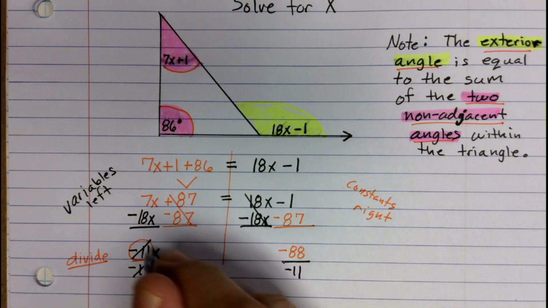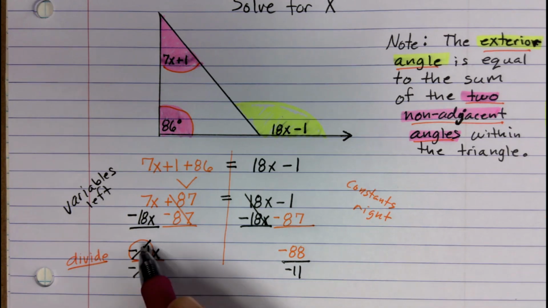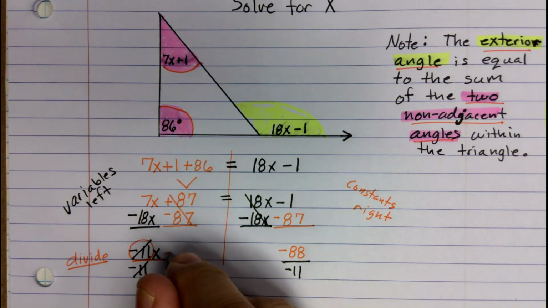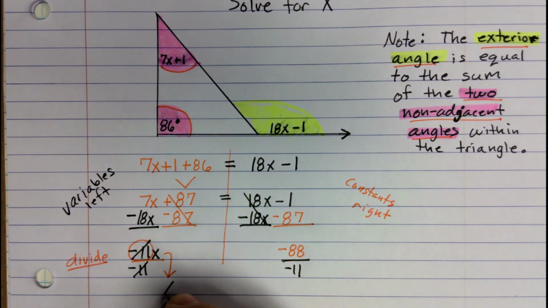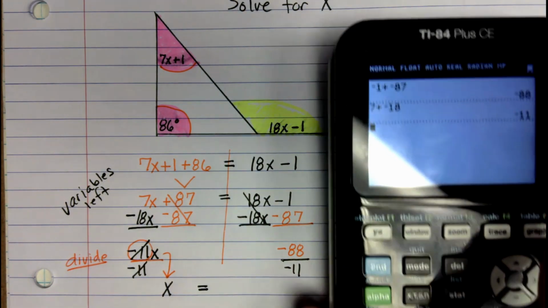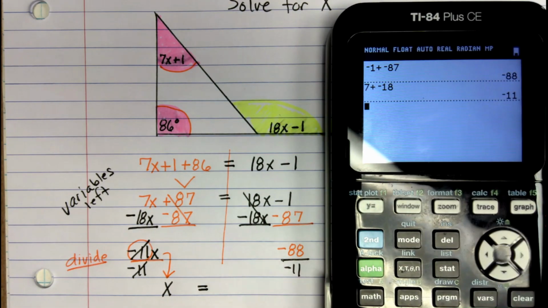Anything will go into itself one time, so negative 11 divided by negative 11 leaves us with positive 1. The only thing left over is just x is equal to. Now I'm going to use my calculator to divide negative 88 by negative 11, and that gives me positive 8.